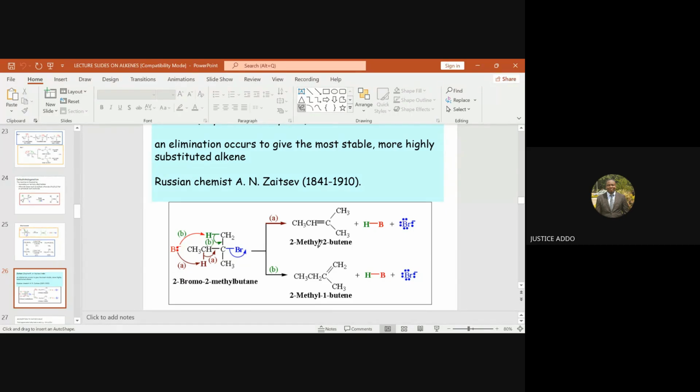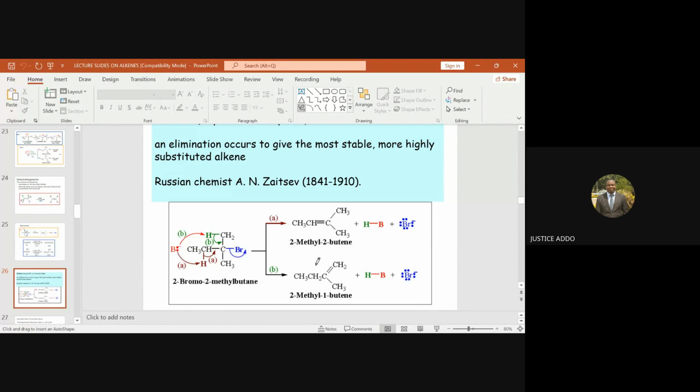If there are more alkyl substituents on it, that alkene is more stable. And if a product is stable, then you have more forming, and that becomes the major product. So yes, these 2 alkenes will be formed, but the 2-methyl-2-butene here will be formed more because that is the most stable alkene. The 2-methyl-1-butene will be formed, but in little amount, and so that becomes the minor product.